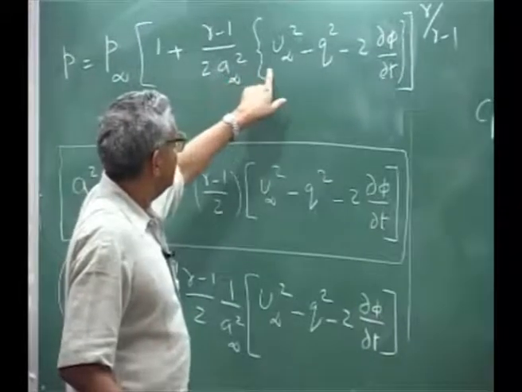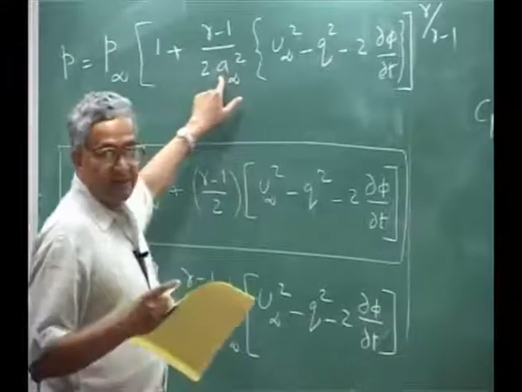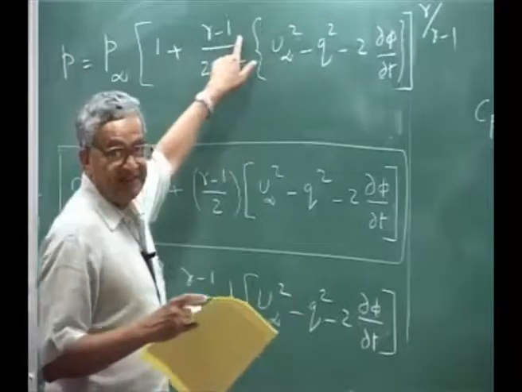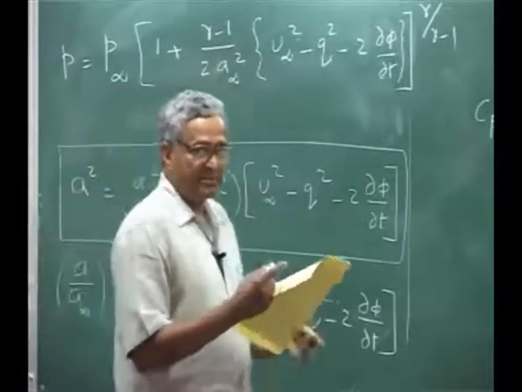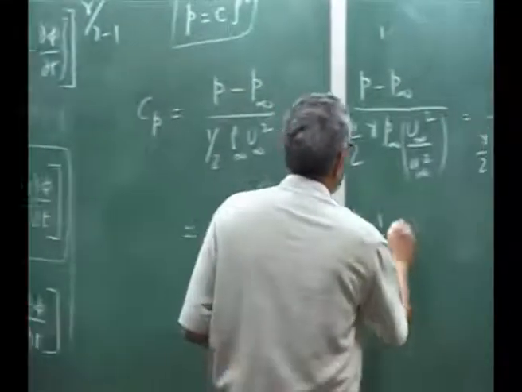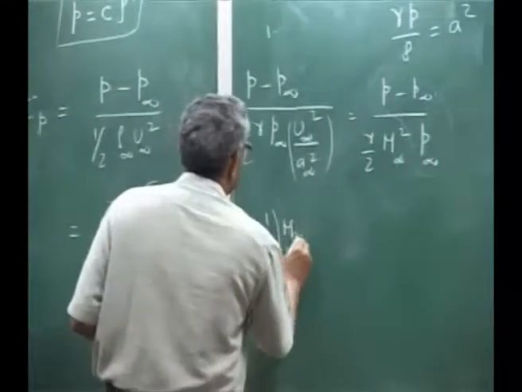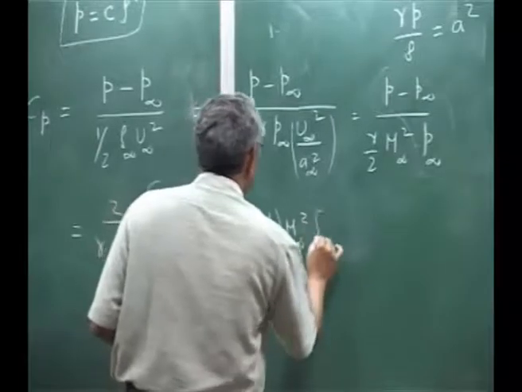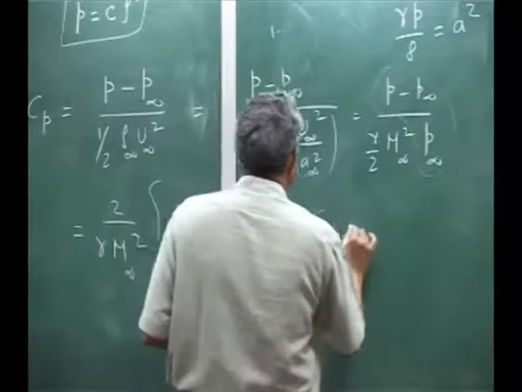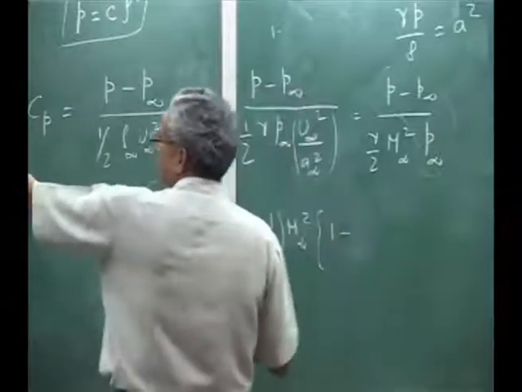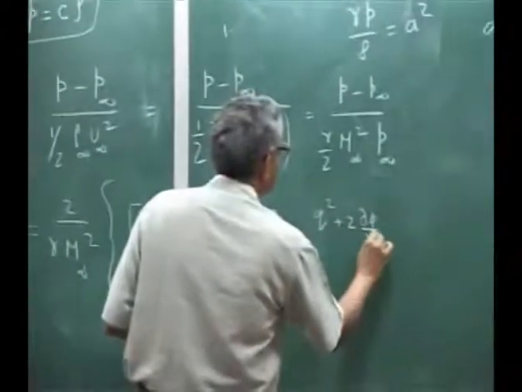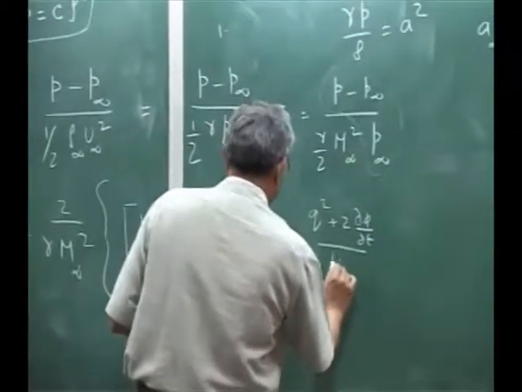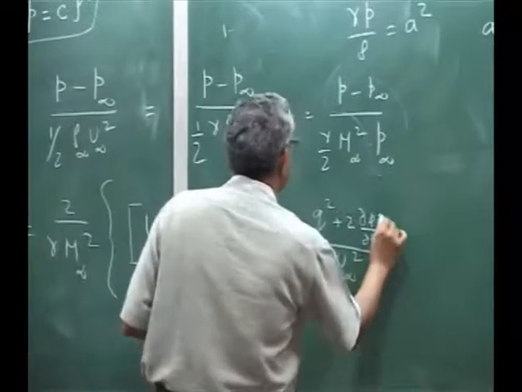If you take the u infinity outside, this is Mach number. So I will have M infinity square, you open another bracket, 1 minus, you combine these two terms, q square plus 2 delta phi over delta t divided by u infinity square.